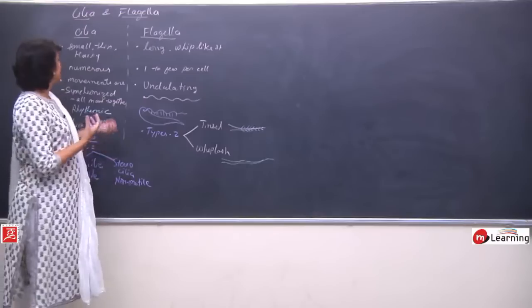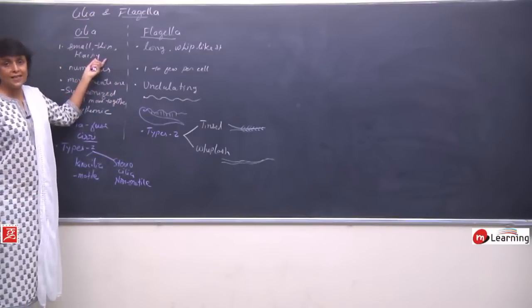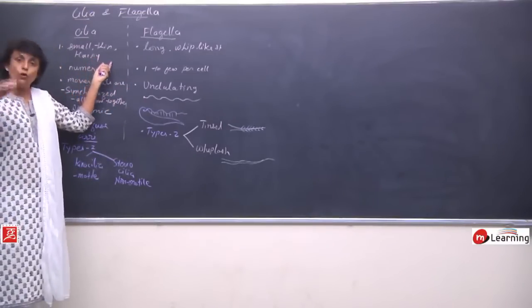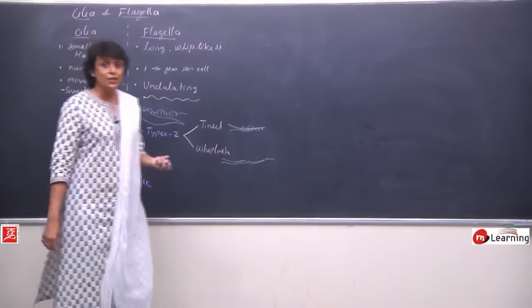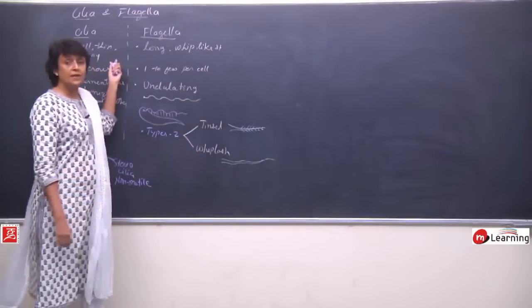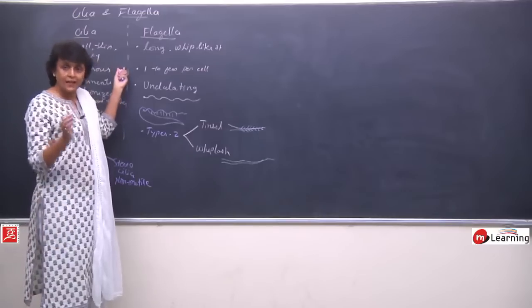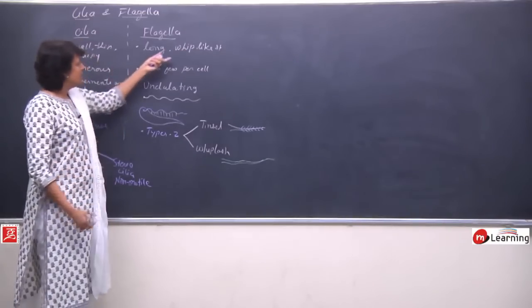The cells where we find cilia and flagella. Cilia are present in all ciliates like paramecium, they are all over the body. Cilia are also present in the kidney tubules where they have to conduct urine. Cilia are also present in the fallopian tube where again conduction of the egg and then the fertilized egg, that is zygote, takes place.